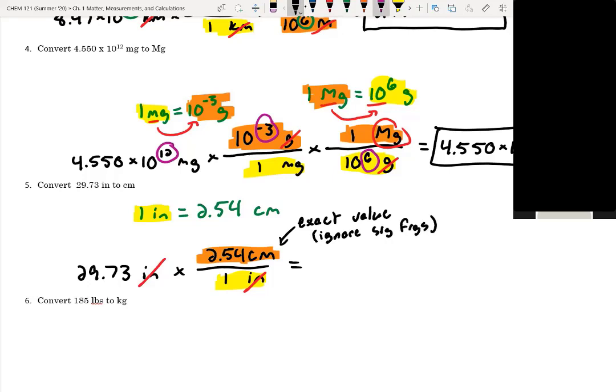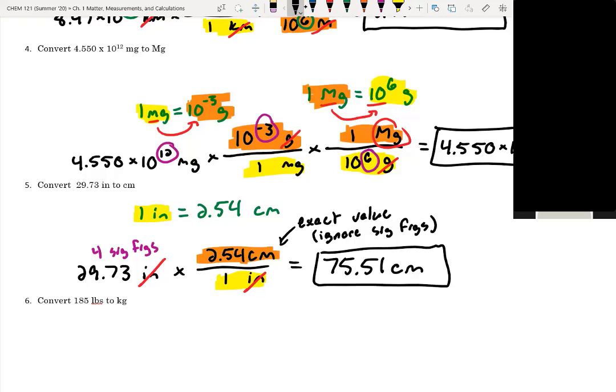So that means over here, we should have 4 sig figs. And because that's our only value that's measured, our final answer should have 4 sig figs. So we can go ahead and type this into our calculator, and I would get 75.51 centimeters. Does that make sense? Give me a thumbs up if it does.